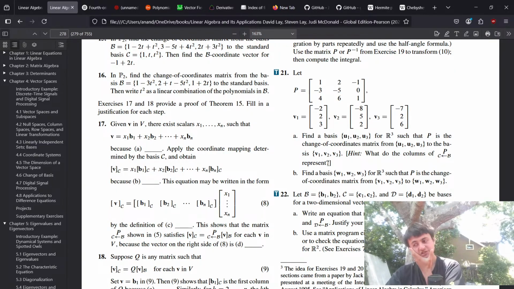All right, so that means that we can do U is equal to V1 minus 3V2 plus V3, right?